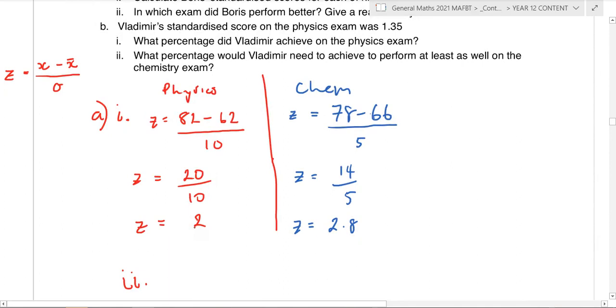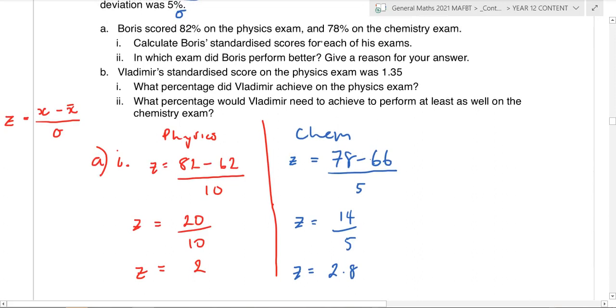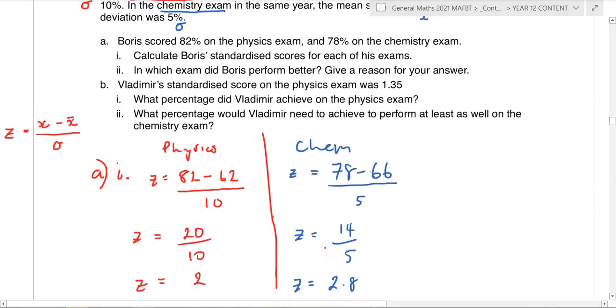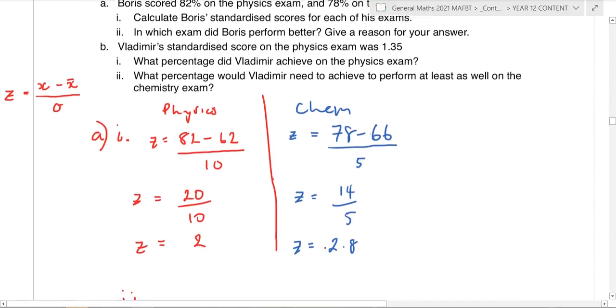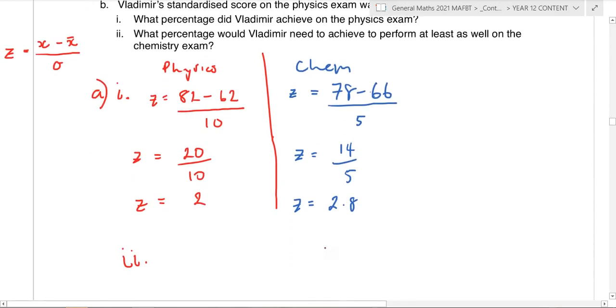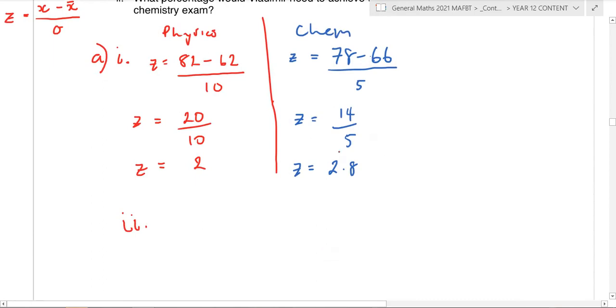Whereas for chemistry, he only got 78%, but a standardized score of 2.8. What that means is maybe a lot of people scored lower than average. So he got a higher standardized score for chem, because you could justify saying that a lot more kids scored lower.